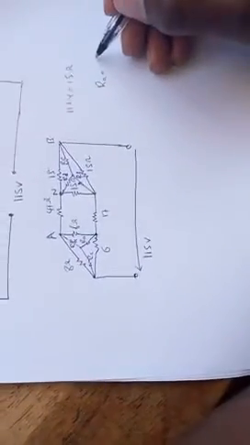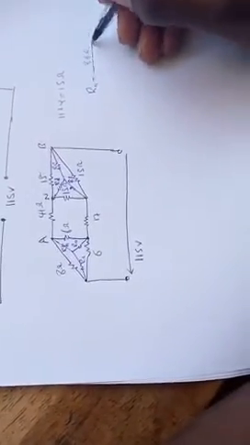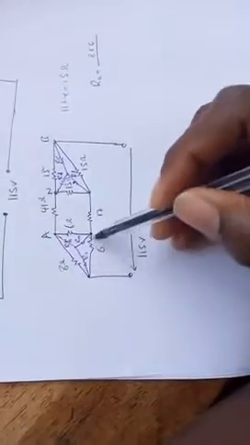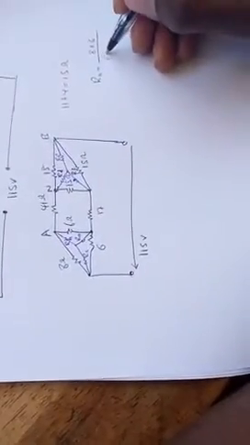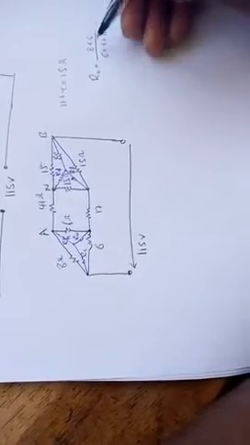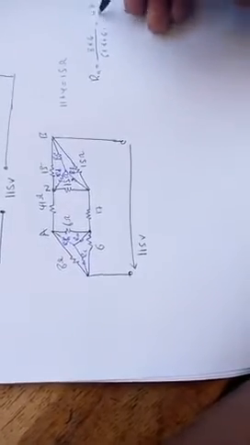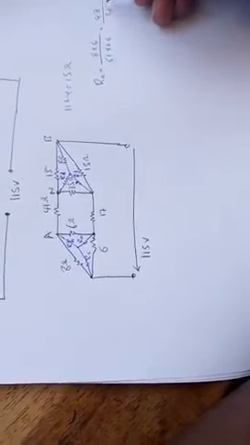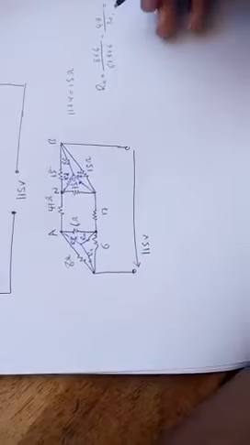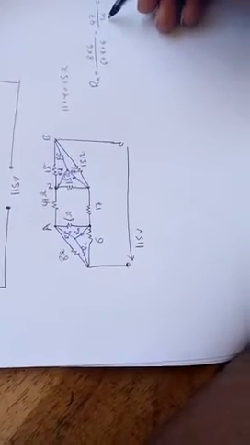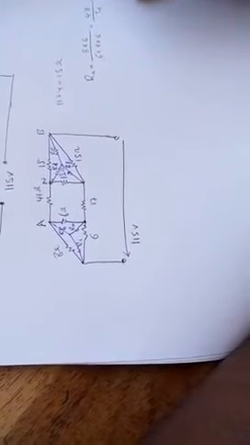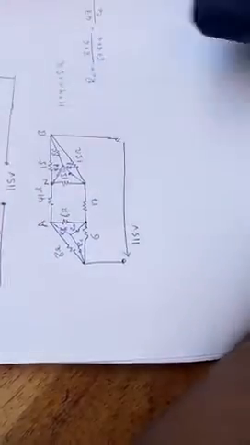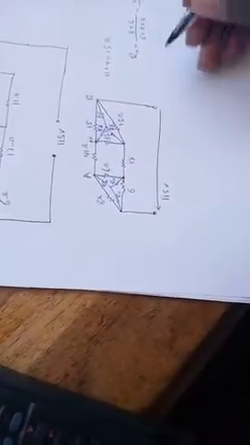So multiply 8 by 6 over the sum of the delta, which is 6 plus 8 plus 6. 48 over 20 is 2.4 ohms.